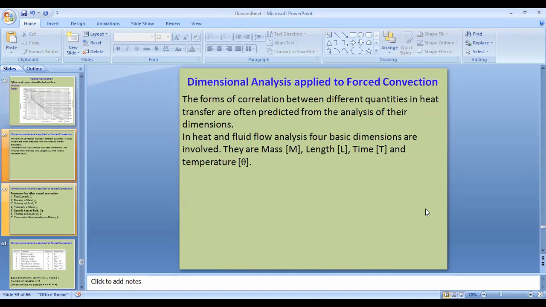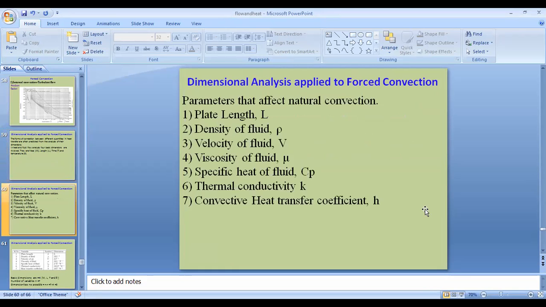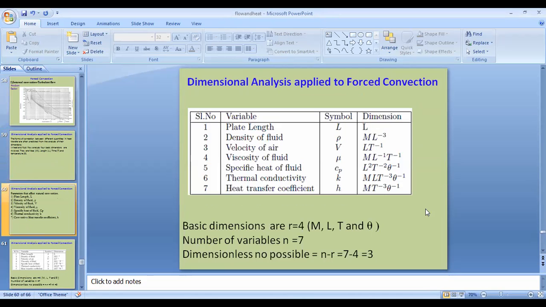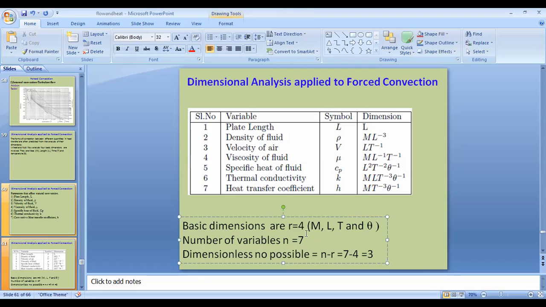Now, as I discussed, how do we arrive at these dimensionless parameters? It is because of dimensional analysis. If you see which parameters are affecting forced convection and use the Buckingham pi theorem, there are 7 basic variables and 4 basic dimensions: mass, length, time, and temperature.